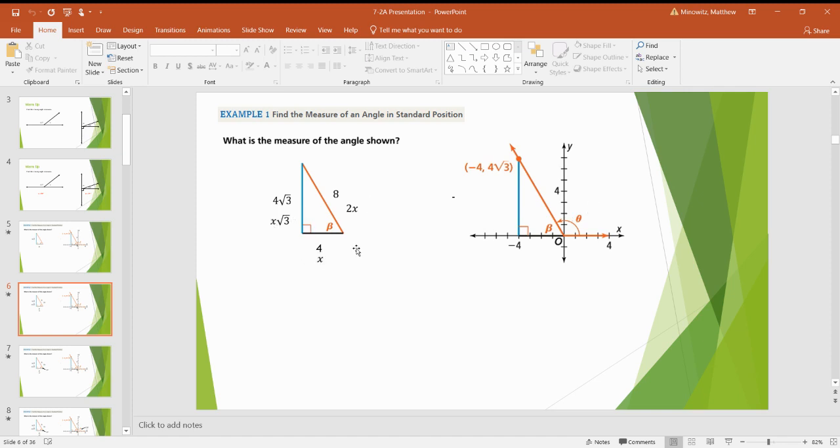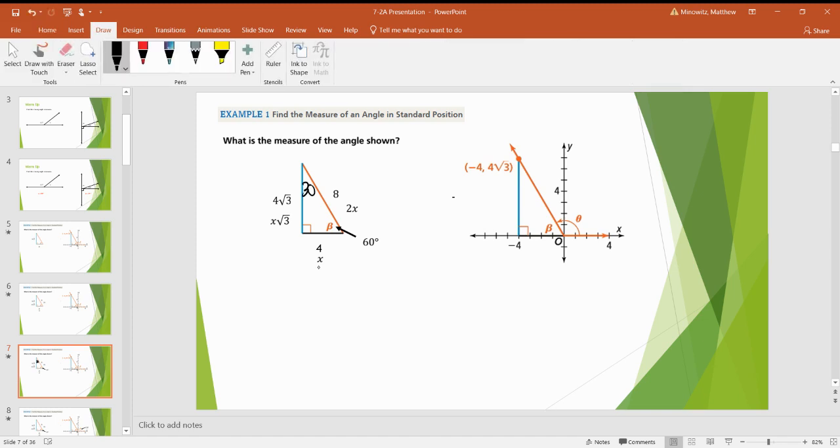Now, if it follows these ratios, this is a 30, 60, 90 triangle, where the smallest leg is opposite 30, beta in this case is 60 degrees, and we have the right angle. So this angle beta in both these triangles is 60 degrees.